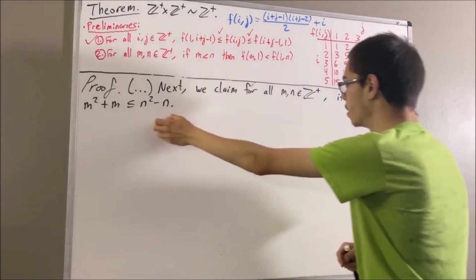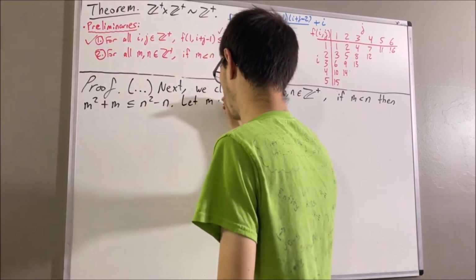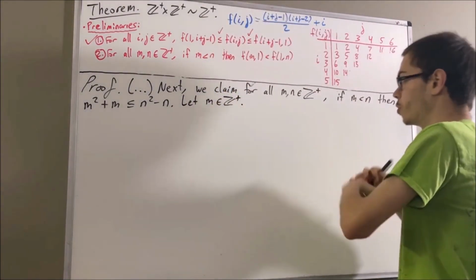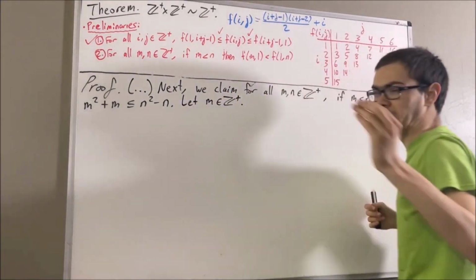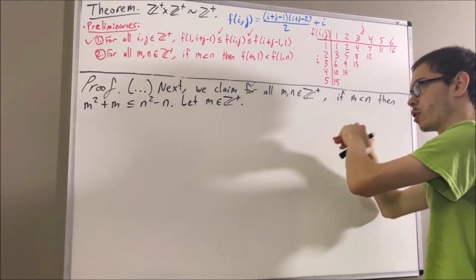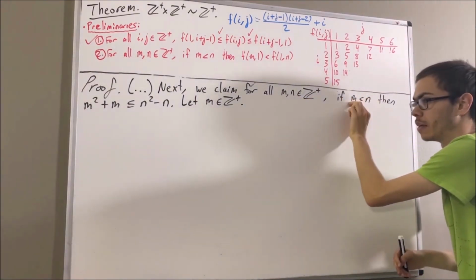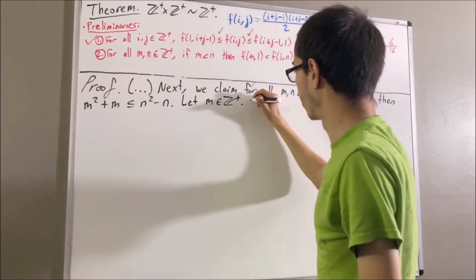And to prove this claim, let's first give ourselves an arbitrary positive integer m. And we're going to finish the proof of this claim by induction on n. So what we're going to do here is we're going to prove for all positive integers n greater than m, this is true.